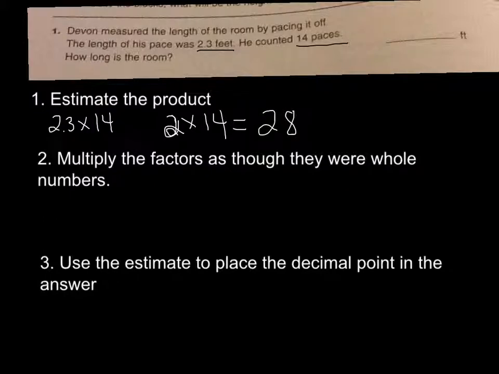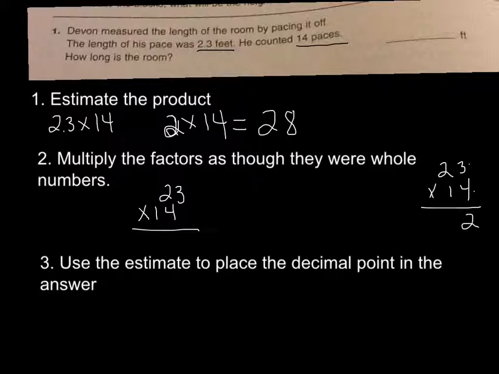The next step says multiply the factors as though they were whole numbers. So I can take my 2.3 and instead of that I'll just write 23 times 14. I'm going to do that over here where I have a little more room. I can do my 4 times 3 is 12.